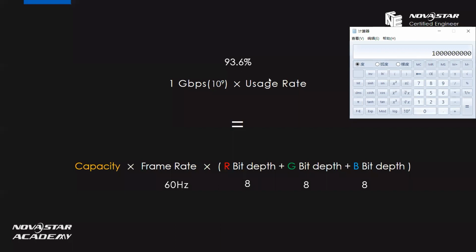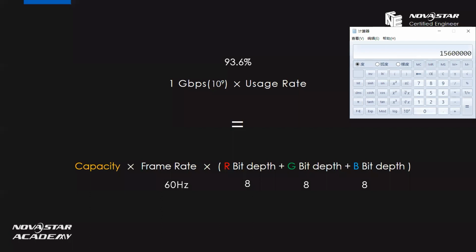93.6 is the average we can use. Multiply. Okay, then we divide it by the frame rate, 60 Hertz.